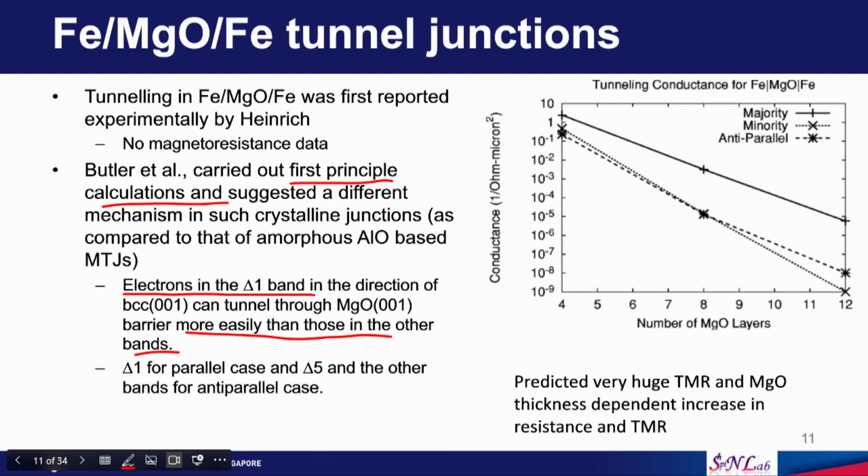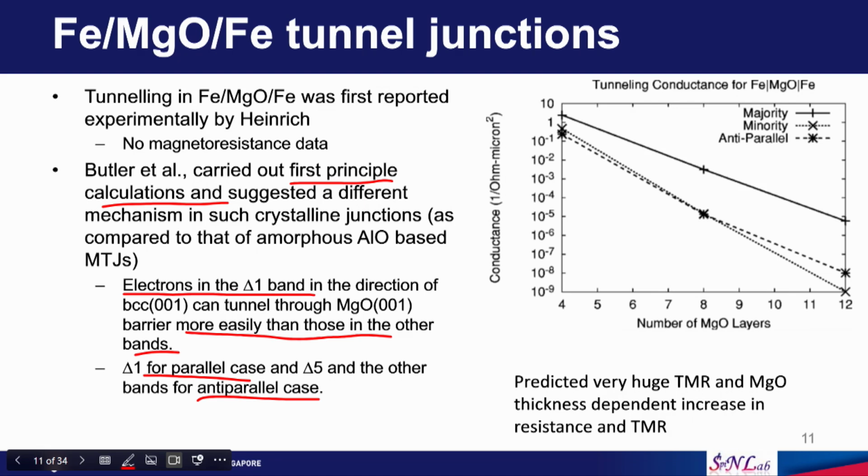So, if you consider the tunneling for the parallel case and the anti-parallel case, there will be a huge difference, which can lead to a high tunneling magnetoresistance. Okay. So, this is what he predicted.